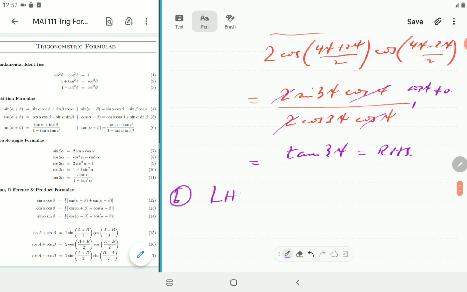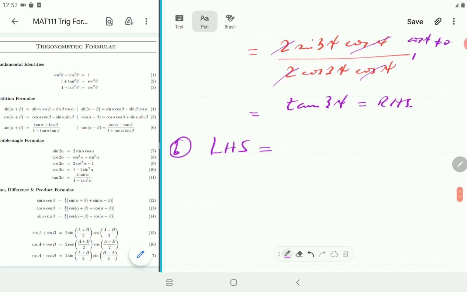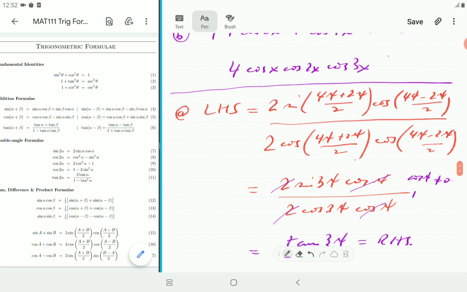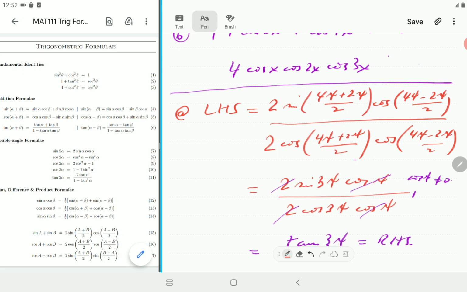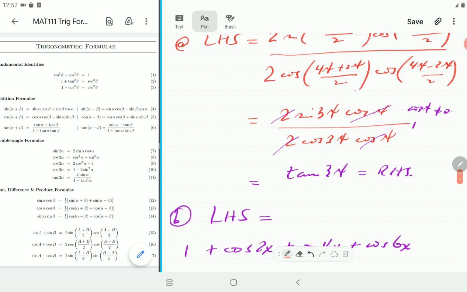On the left hand side we have 1 plus cosine 2x plus cosine 4x plus cosine 6x, and on the right hand side we've got cosine x, cosine 2x, cosine 3x. So whatever happens, we want something that's going to give us cosine x, cosine 2x, and cosine 3x.